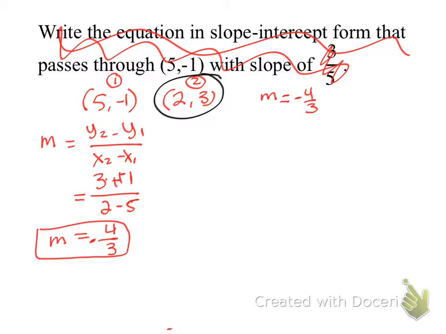Okay. So now I'm going to do my y minus y1 equals m times x minus x1. Don't forget to write the formula every time. This is x1, y1.